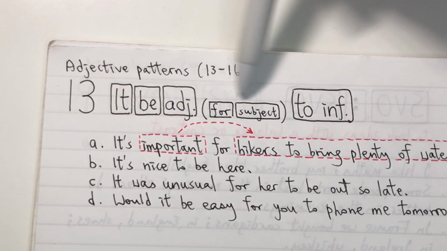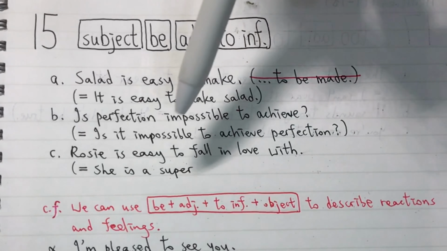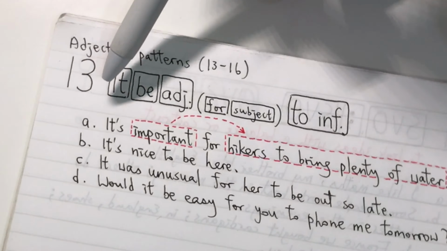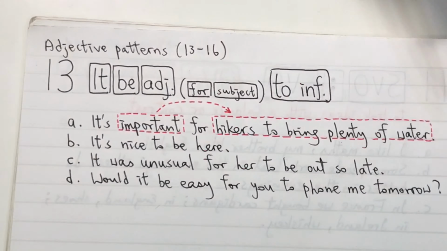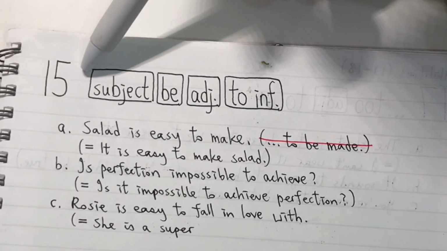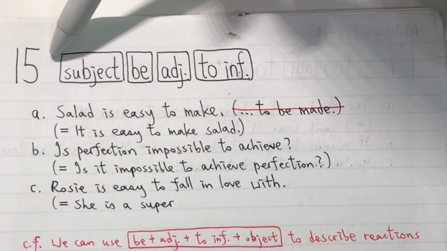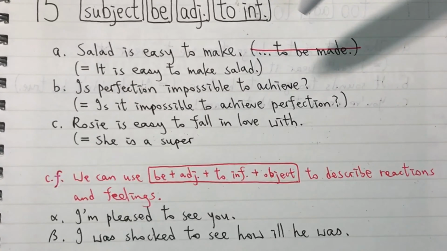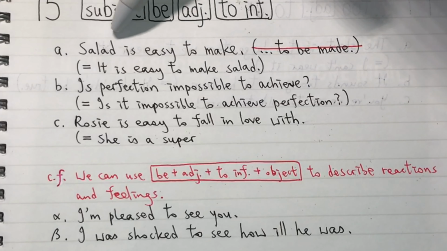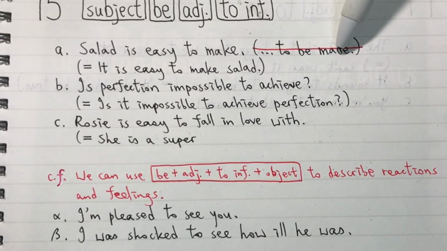In my opinion, 13 is more basic, but 15 is slightly more advanced. So if you have problems learning 13, maybe you should spend more time here first before trying to master item 15. Okay. Another tricky point of item 15 is you don't say salad is easy to be made.